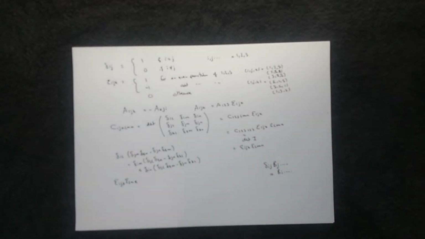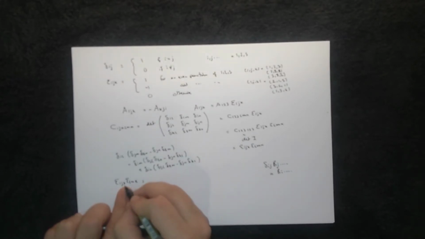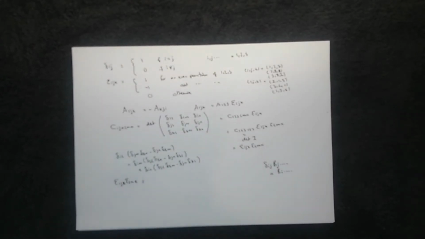The delta acts as a substitution operator because this is only non-zero when i equals j. So for instance, when i equals 1, in this sum here, j is summed over, the only term which gives something non-zero is when j is equal to i, which in this case is equal to 1, so I only get B_1, and so that's just corresponding to substituting the value i for j. So here, we're setting n equal to k.